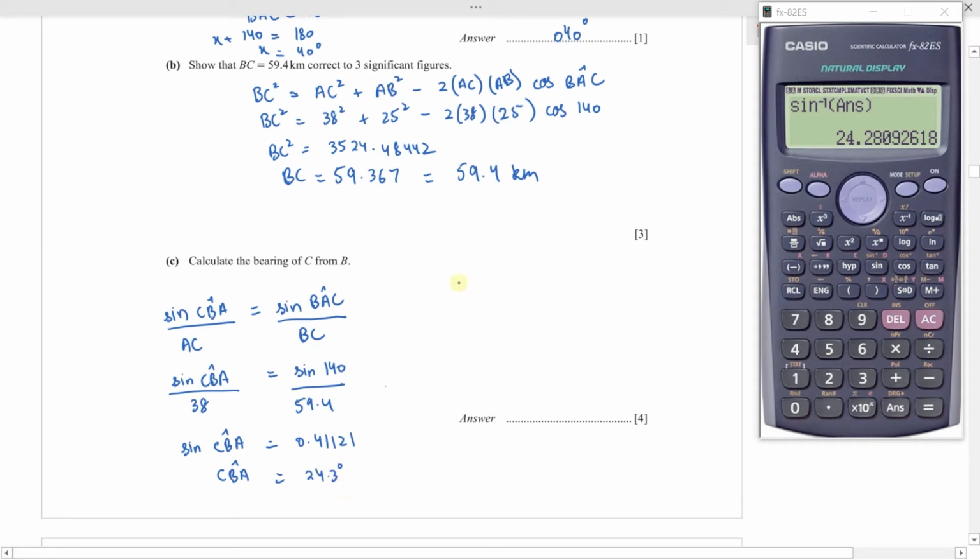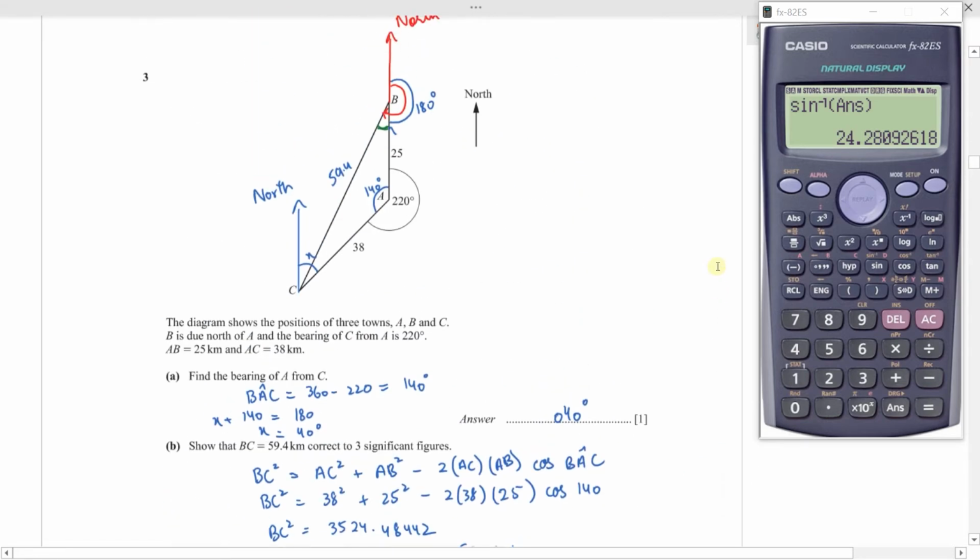So now the bearing of C from B will be 180 plus 24.3, because as I mentioned earlier, this red angle is the full bearing. So this green angle here is 24.3.